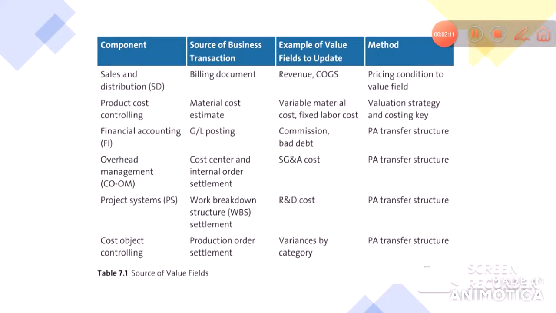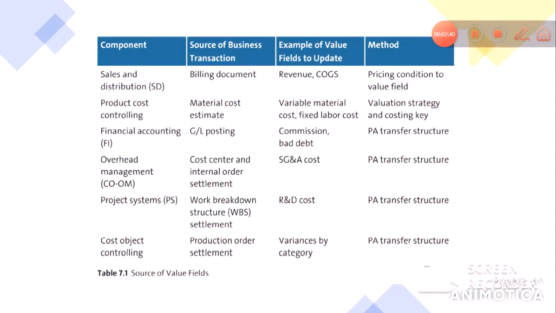Product cost controlling: material cost estimate, variable material cost, fixed labor cost, valuation strategy and costing key. Financial accounting: GL posting, commission, bad debt, PA transfer structure. Overhead management: cost center and internal order settlement, SG and A cost, PA transfer structure.